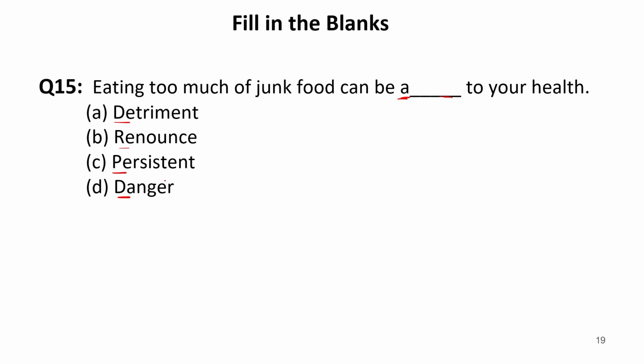Danger to your health? No. Persistent, it is also not suitable. Renounce, not suitable. It is A, detriment, that is injurious. Detriment means injurious. So as soon as we read the sentence, we only get the word injurious in our mind. So the synonym of injurious is detriment. So our answer is A.